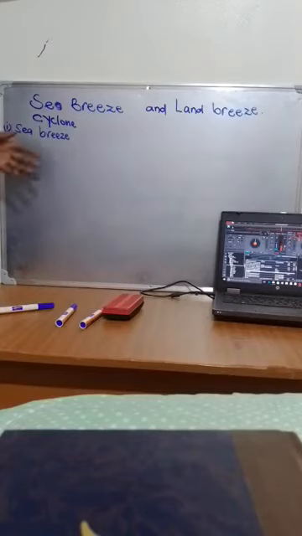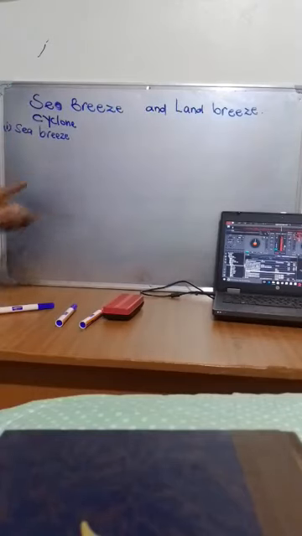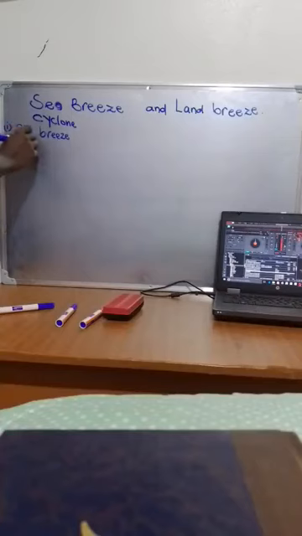Before we see how a sea breeze takes place, how land breeze takes place, how a cyclone takes place, this is what we must know. We must understand the following. Convection. What is convection?